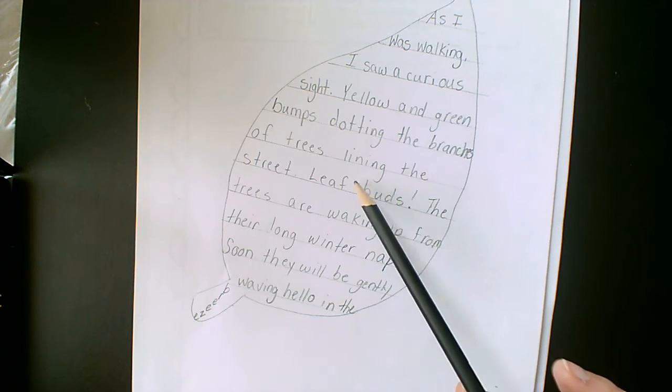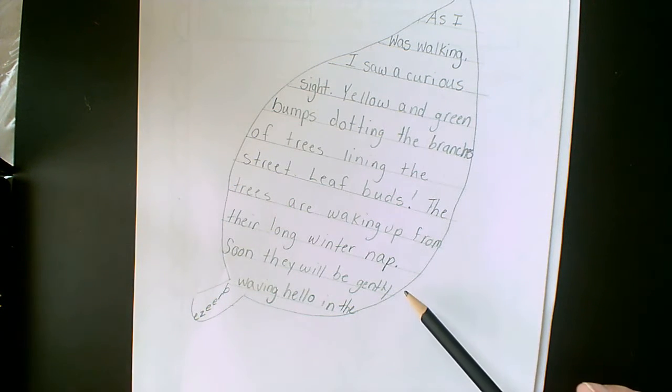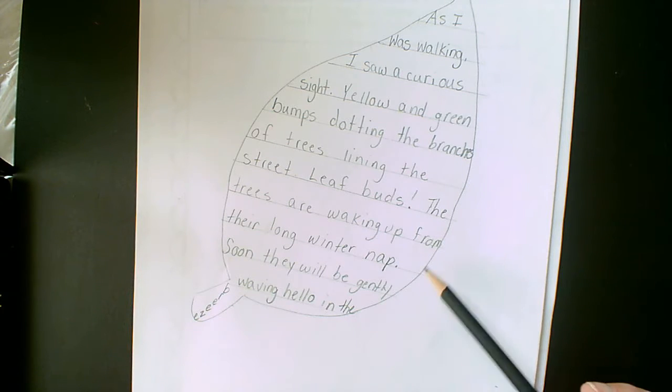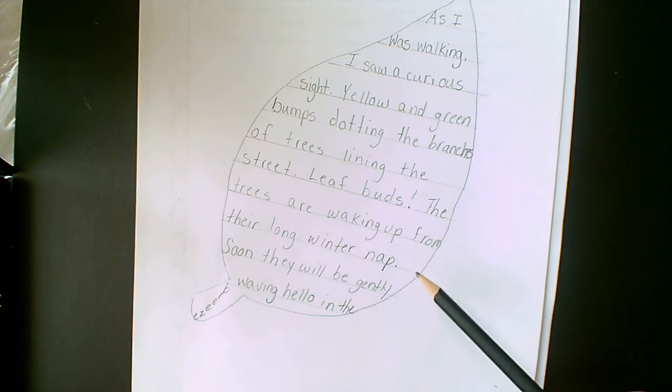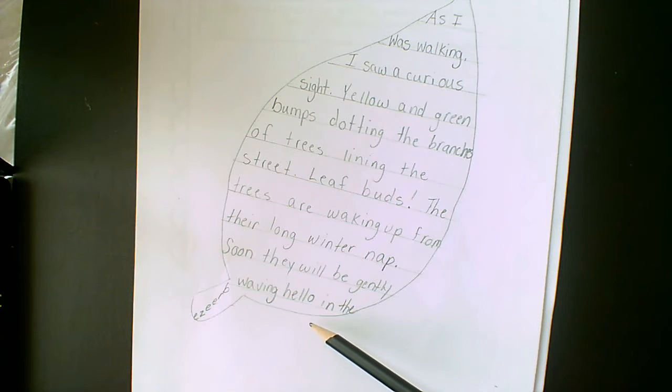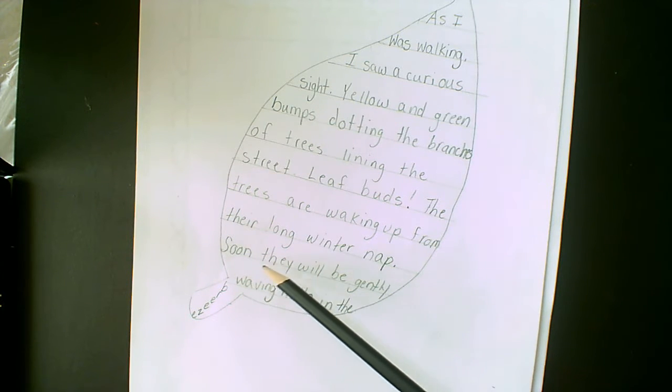And so I thought about this, and I thought, well, what would be a creative way to say that, you know, the leaves are about to appear on the trees, and it's like the trees have been sleeping all winter and now they're just waking up. And so I thought that was a neat way to say that the buds are out and soon there'll be leaves there. I'm wondering if you notice that I've used something in here, waving hello.